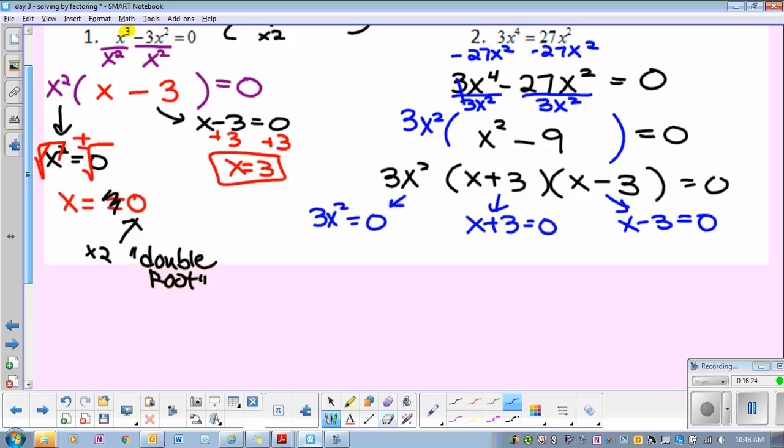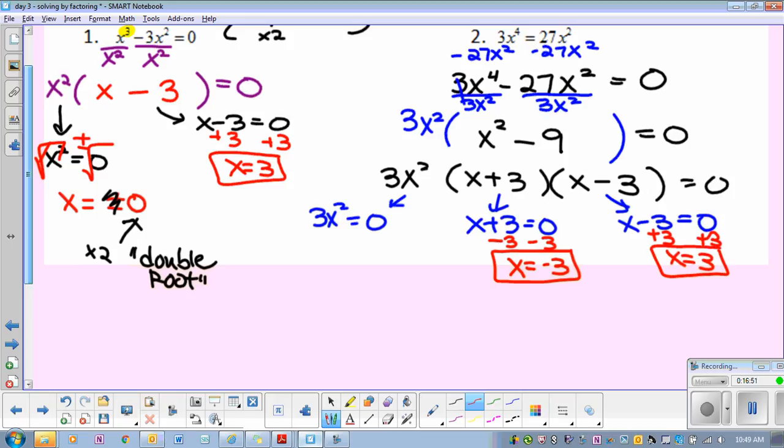And then I can solve. You want to start with the easier ones? The middle one is x equals negative 3. Remember, you've got to solve for the x. This one is 3 because you have to add the 3.